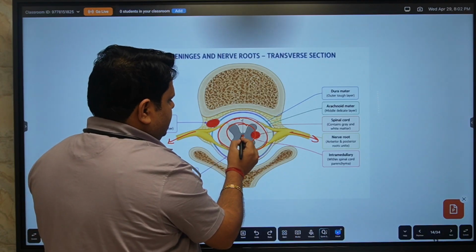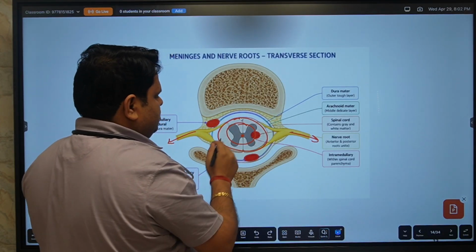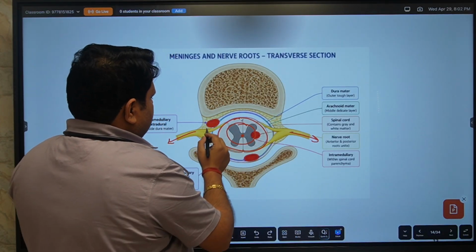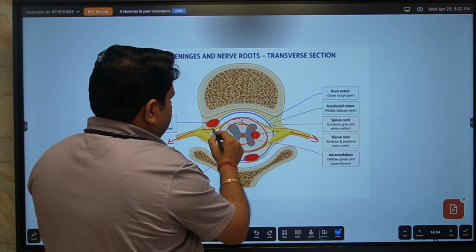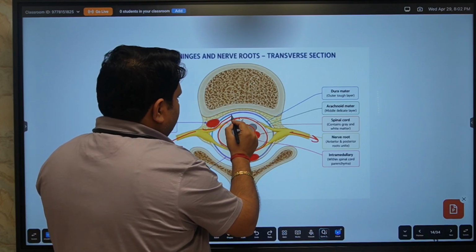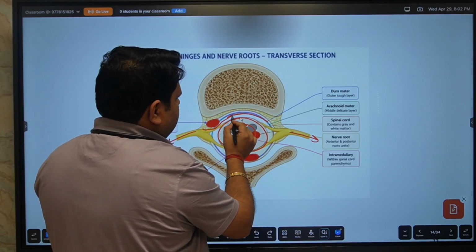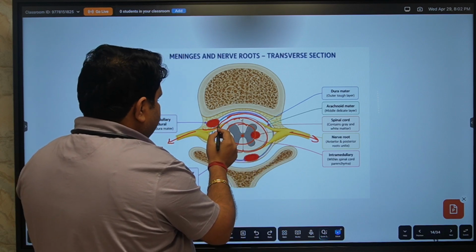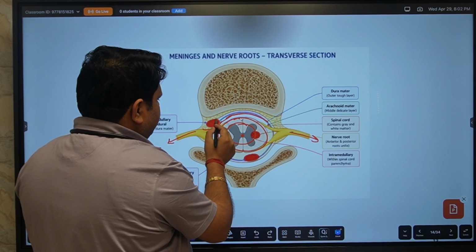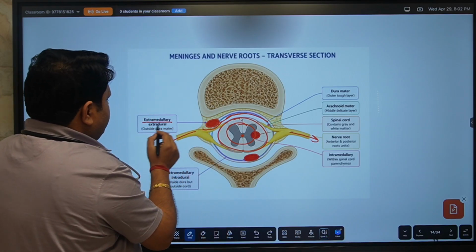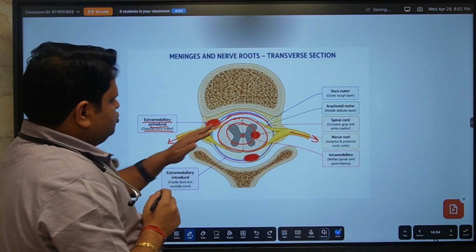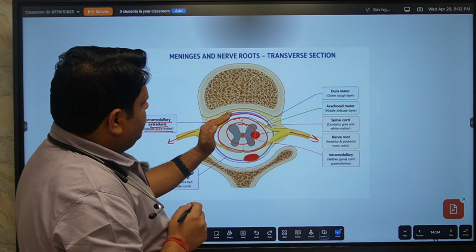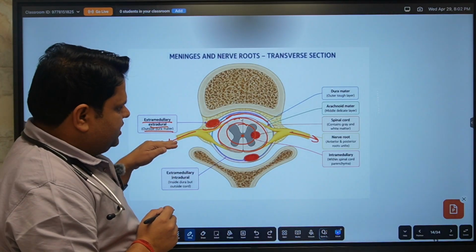This is the central canal, and this is the substance of the spinal cord. This layer is the dura mater, and this is the arachnoid mater. Any lesion outside the dura mater is called the extramedullary extradural lesion.